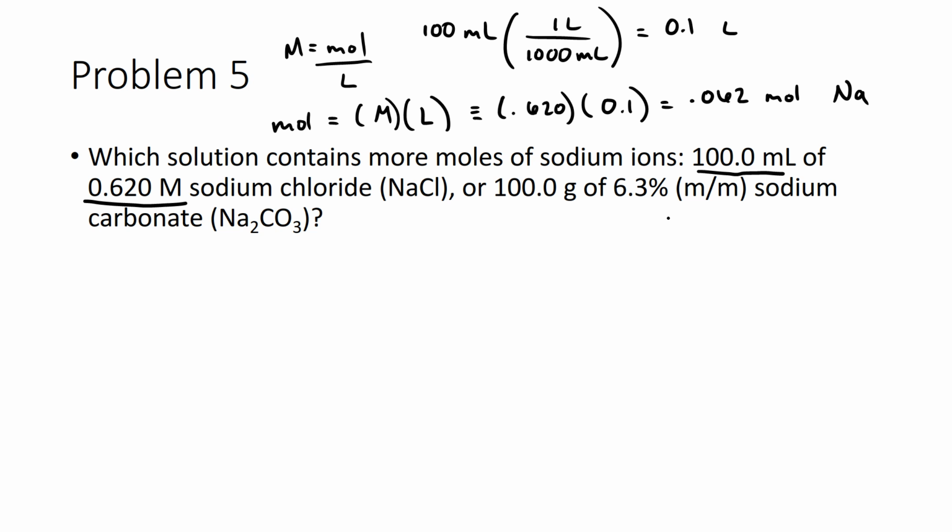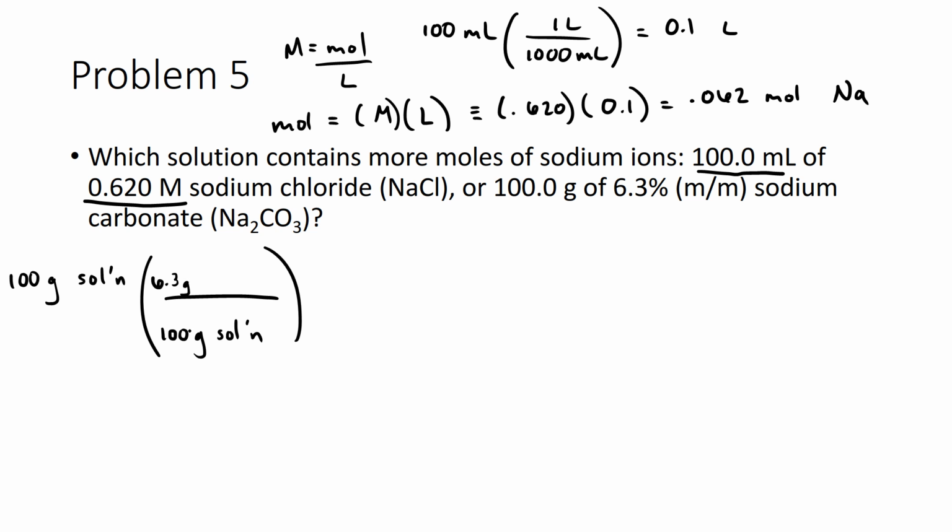Next, we're going to look at the 100 gram solution of 6.3% sodium carbonate. So we'll start with what we're given, which is the 100 gram solution. We know that in the 100 gram solution, if 6.3% of it is sodium carbonate, then 6.3 grams of the 100 grams will be sodium carbonate.